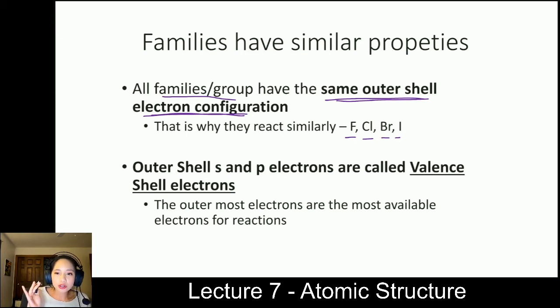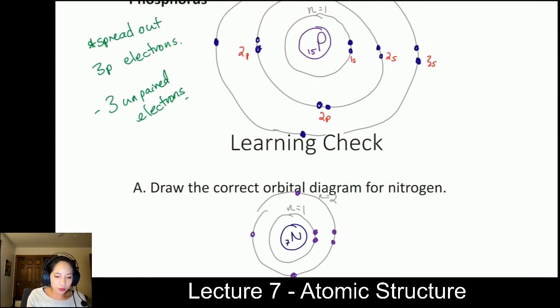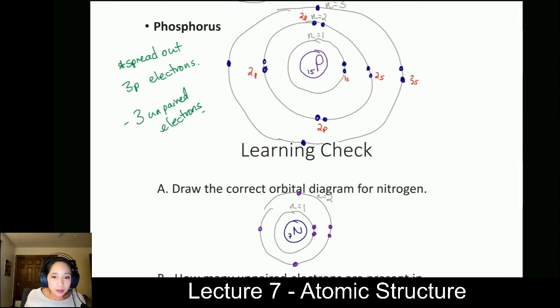These are the outer shell electrons. These are the ones that are going to take part in reactions. Thankfully, the two orbital diagrams we drew for phosphorus and nitrogen, you see both phosphorus and nitrogen are in the 5A group. So they're in the same family. They should have similar reactivity, specifically because they have similar electron configurations or outermost valence electrons.